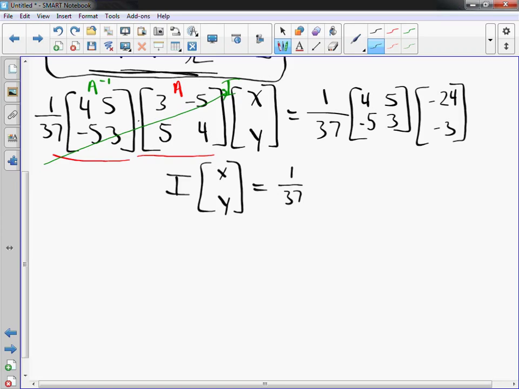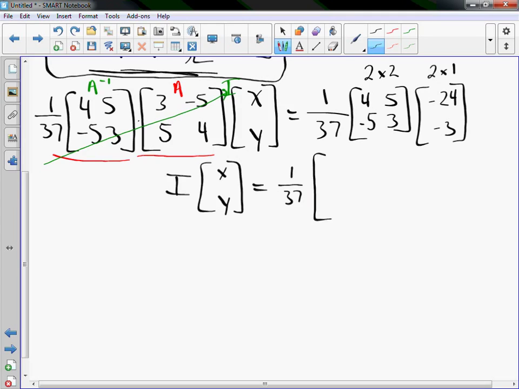Okay, and that should give me row 1, column 1. Okay, what is this? A 2 by 2 and 2 by 1. So we should end up with a 2 by 1 matrix. Okay, we have row 1, column 1, and then we'll multiply row 2, column 1.